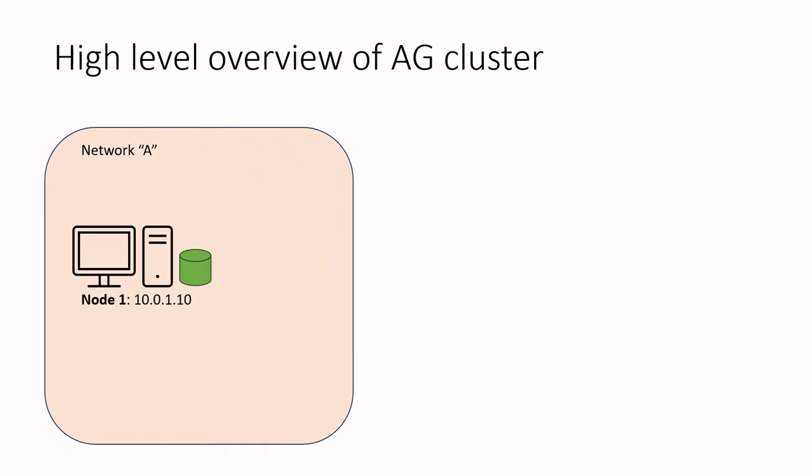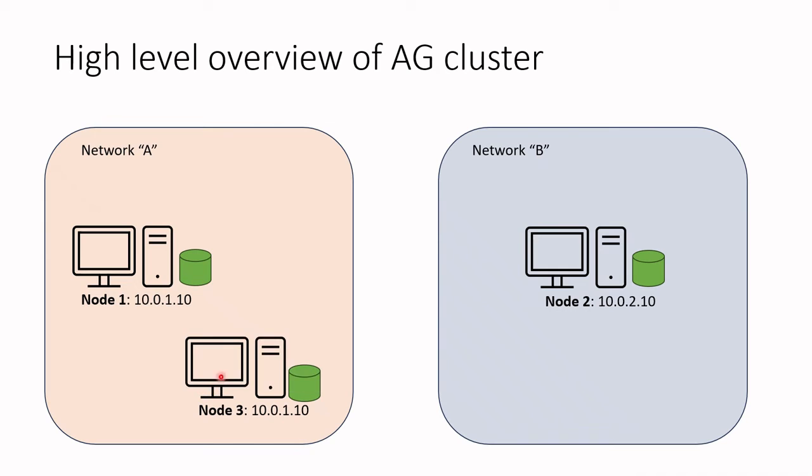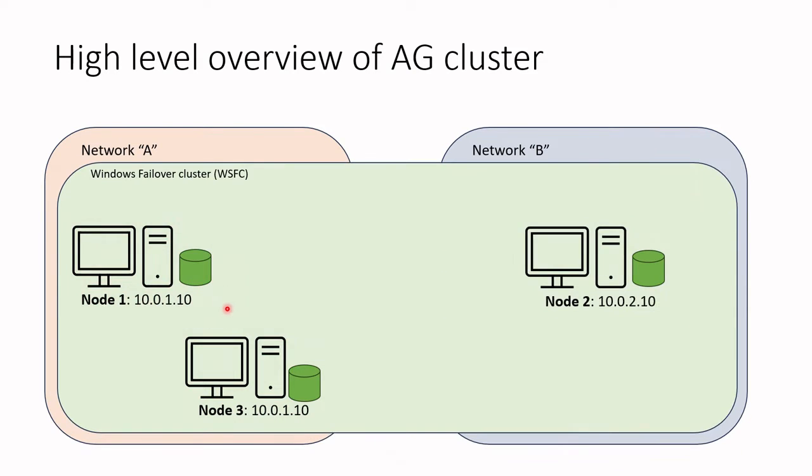First, along with the current network A, we create network B, where we create another node with a separate database. Also, we create another node in network A. We call this node 3. After that, we create a Windows failover cluster by including these 3 nodes.